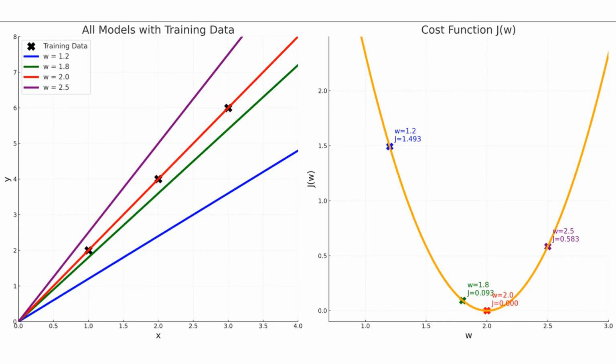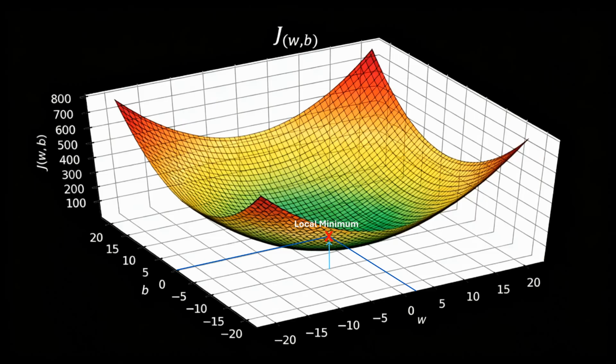All right, now let's take a look at a very interesting 3D visualization. This surface shows how the cost function changes for different values of w and b. Every point on this surface represents a possible combination of w and b, and the height of the surface tells us how big the error is. The higher the point, the worse the model performs.